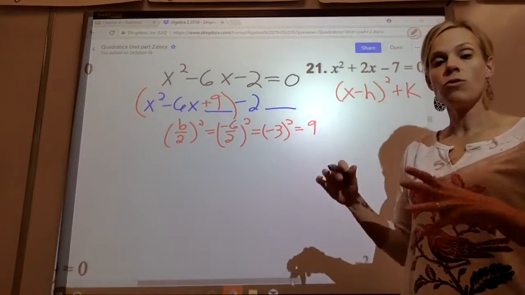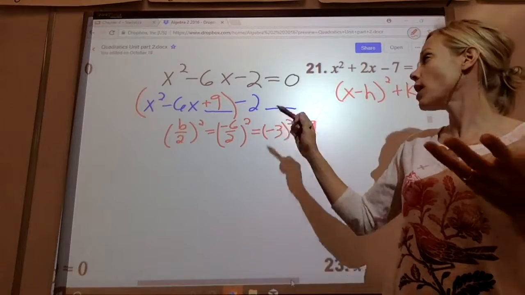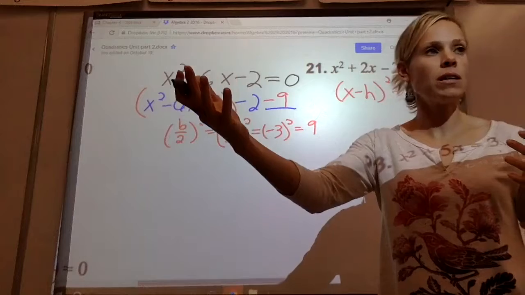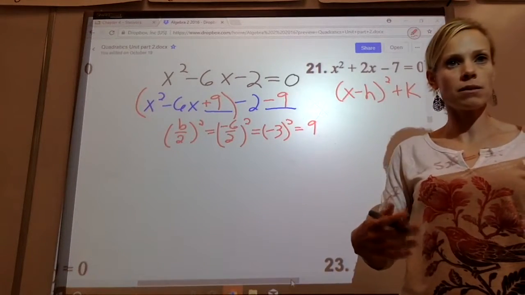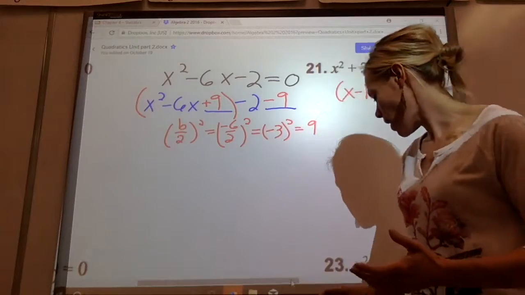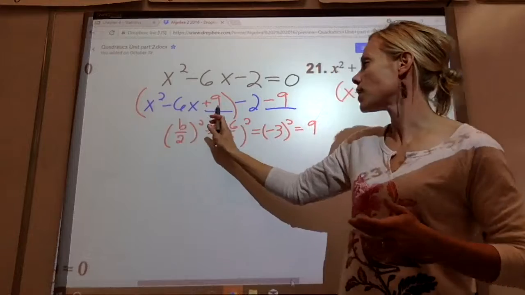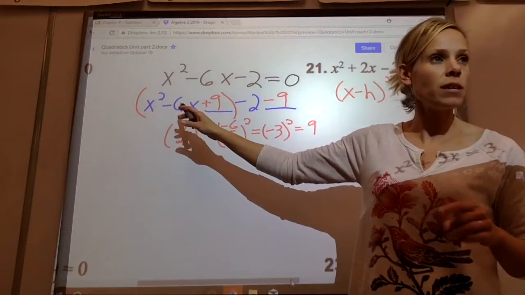But if you add something into the equation, to keep it balanced, you have to subtract it back out, right? You just can't add something in without changing it. If you add it in, you have to subtract it out to keep it balanced. Because now look what happened. If I just look at this quadratic now with the 9, what do I multiply to equal 9 but add to equal -6?